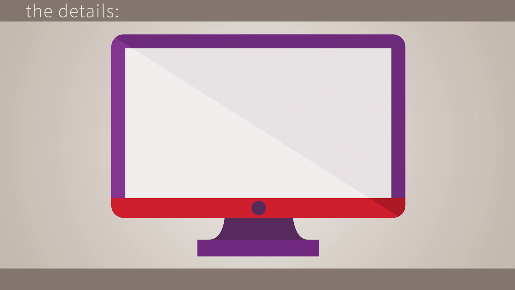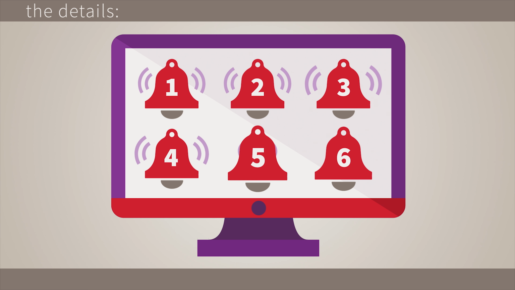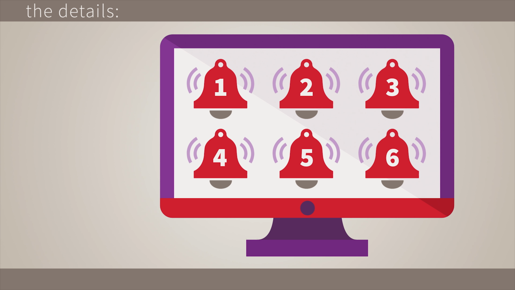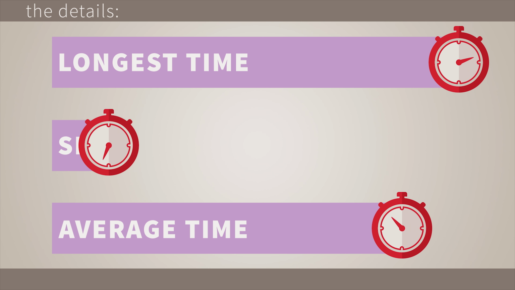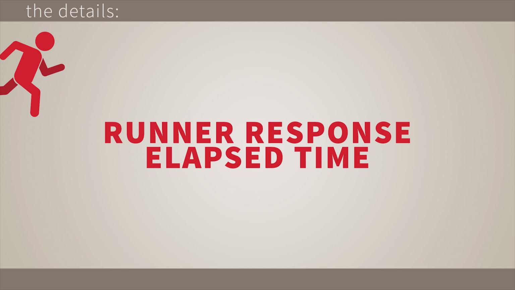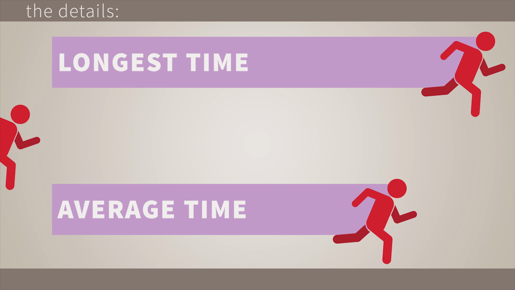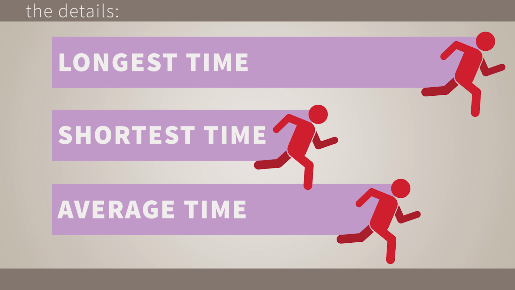The total number of events requiring operator action that occurred in certified accounts. Operator acknowledgement time shall be listed by the longest time, average time, and shortest time. Runner response elapsed time shall be listed by the longest time, average time, and shortest time.